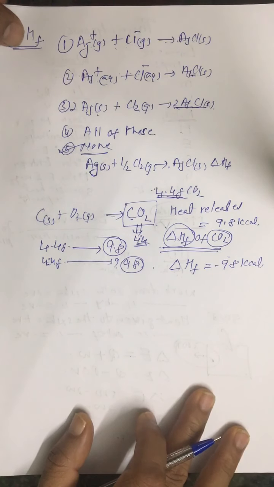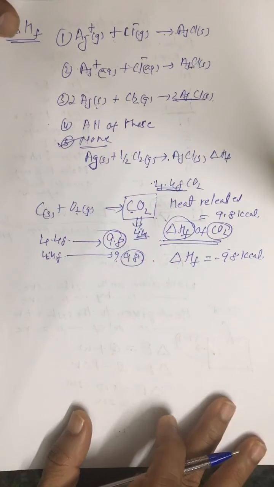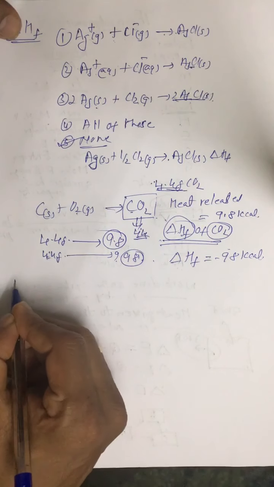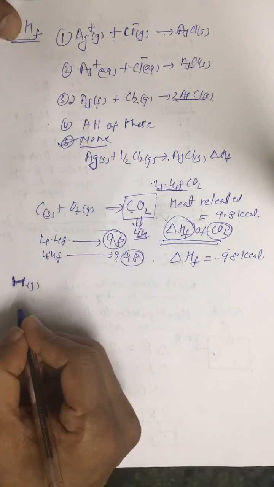One more thing: when we write delta HF or delta HC, etc., all the elements and compounds must be in their standard state. What is the standard state of an element or compound? Standard state is the natural state of an element or compound.